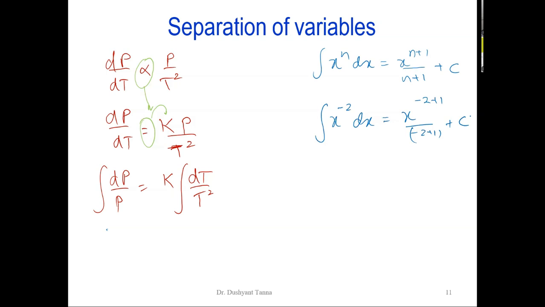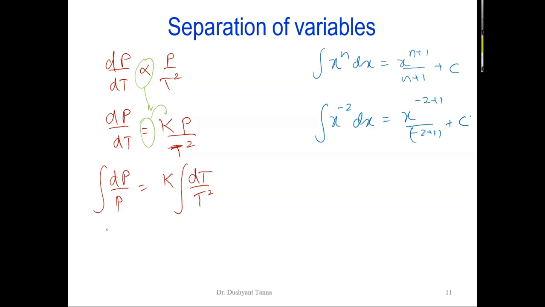When I differentiate x power n, I get n x power n minus 1, so I decrease the power. Integration is the reverse. So in integration of x raised to n, I would increase the power. In differentiation, I put it in multiplication, n times x power n minus 1. In integration, I will put it in the denominator, not in multiplication.